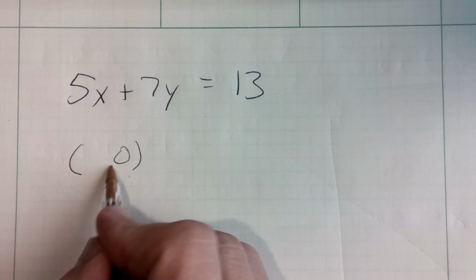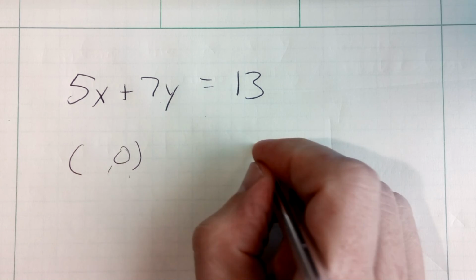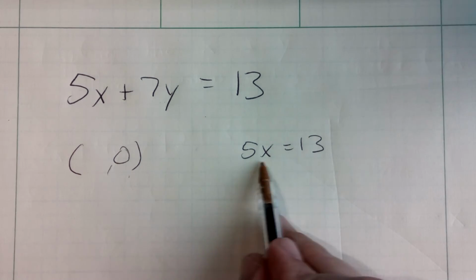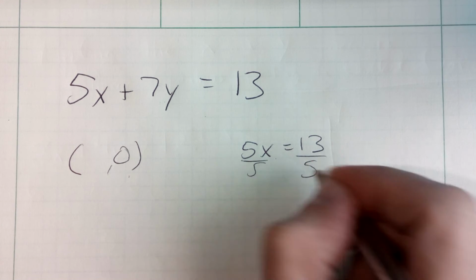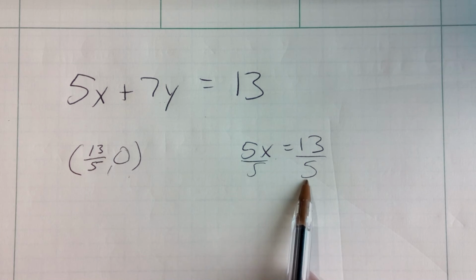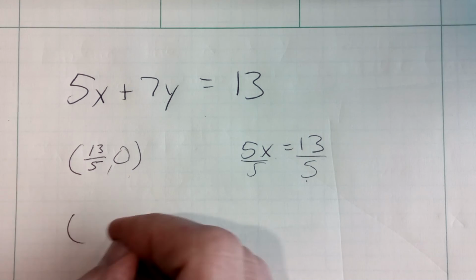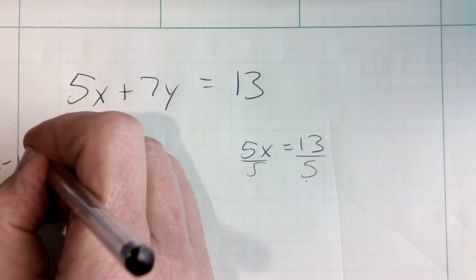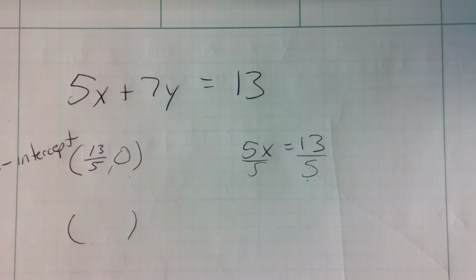So again, if I make this y value 0, this goes away, leaving me just 5x equals 13 to find my x-intercept. So I have my x variable in there, divide by 5, and I get my x-intercept is 13 fifths. Nothing wrong with 13 fifths. That was my x-intercept.